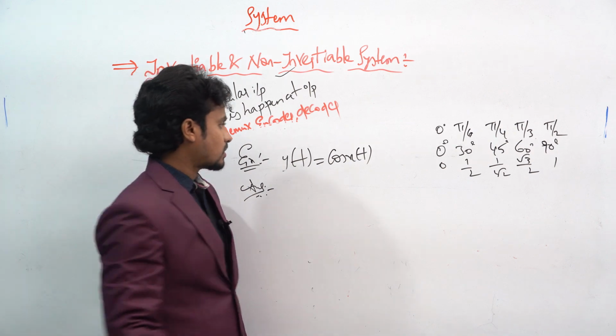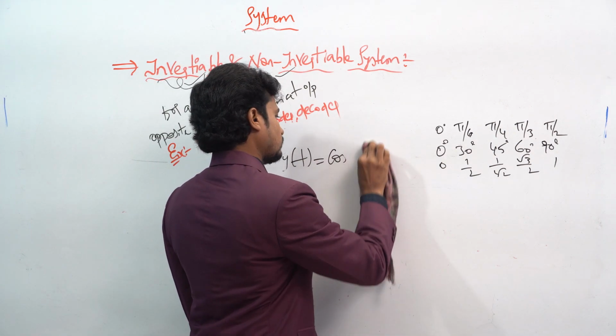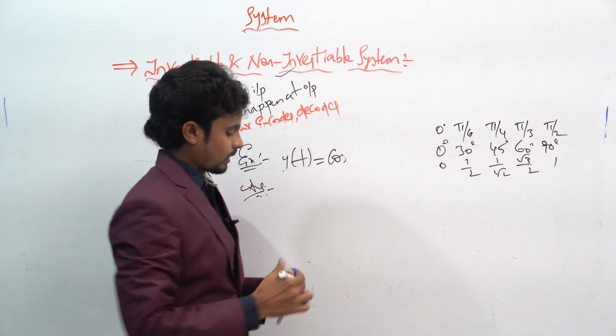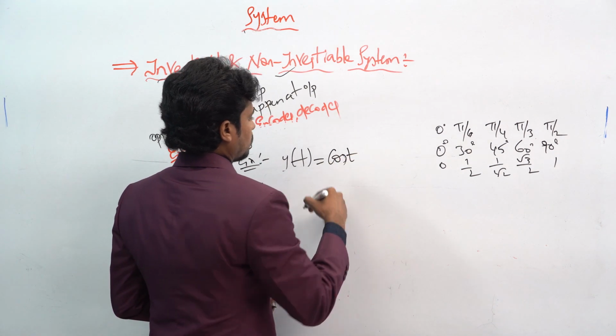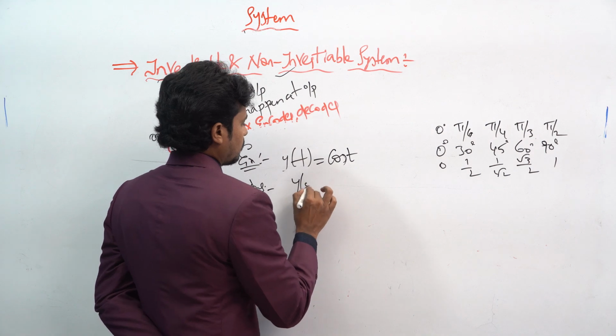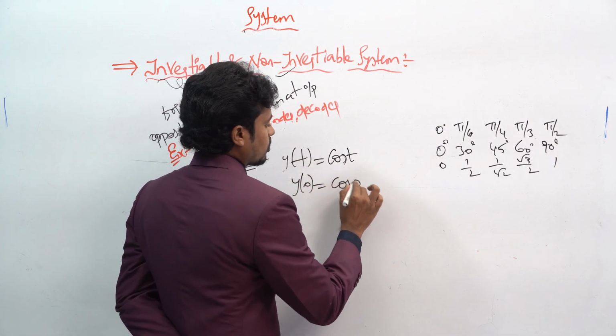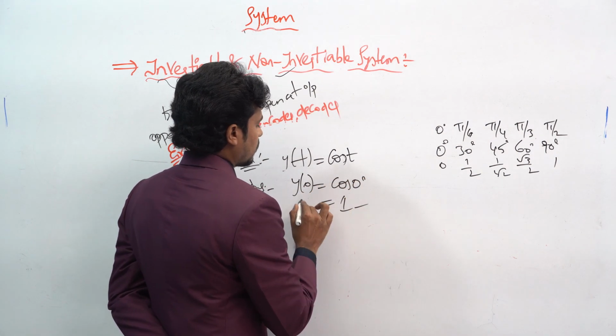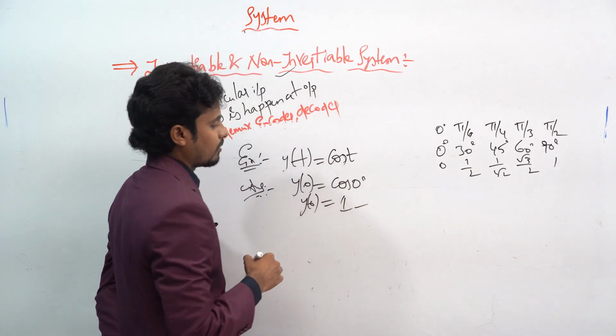This will be cos t. If I put y of 0, that will be cos 0, which is 1. So y of 0 you will get 1.